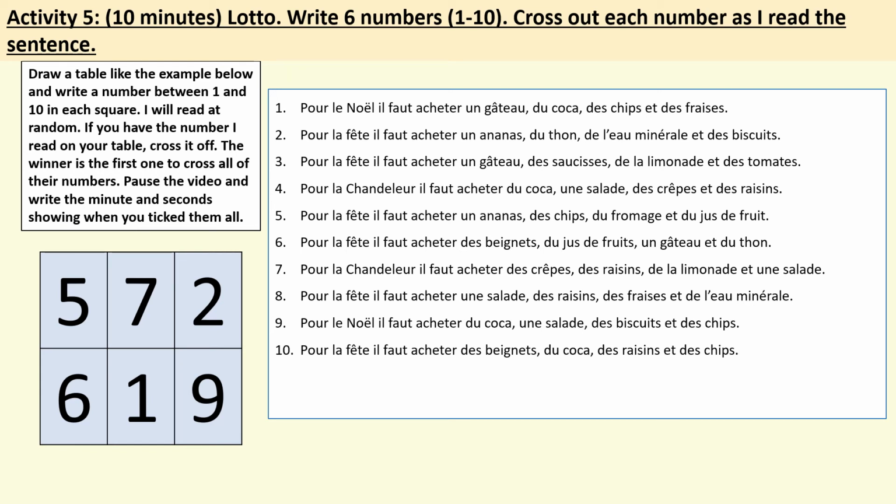Next. Pour la fête, il faut acheter un ananas, des chips, du fromage et du jus de fruits. That one again. Pause whenever you need to, rewind if you need to.